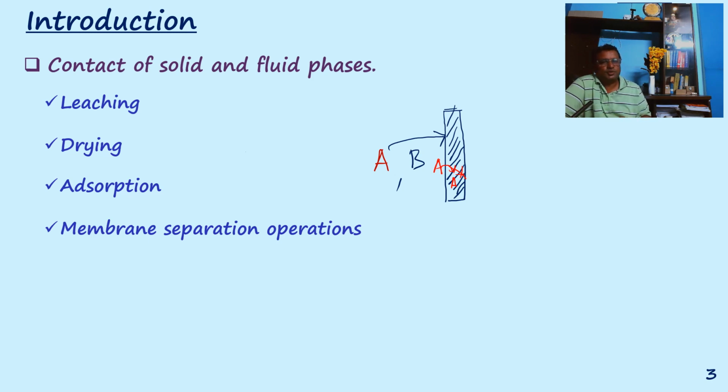So that's why, since many chemical engineering operations involve contact of solid and fluid phases, and through this contact there is some diffusion through the solid phase, we chemical engineers should have knowledge of how diffusion occurs through solids.